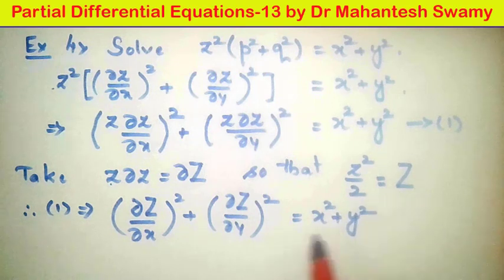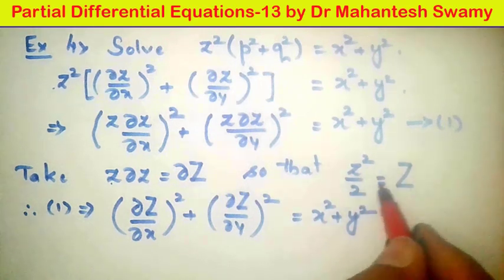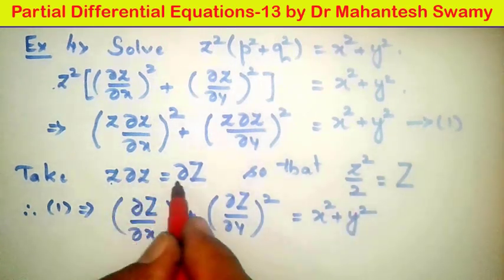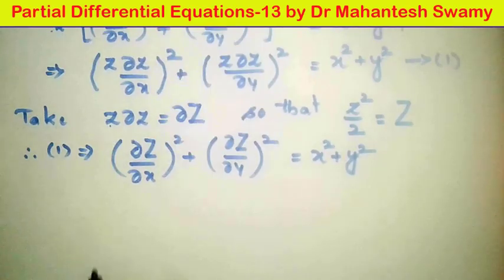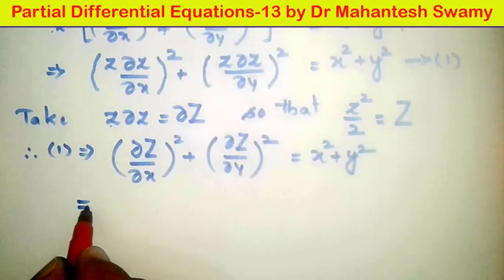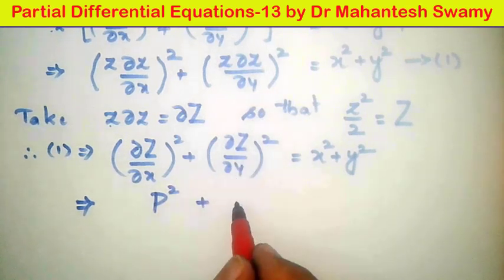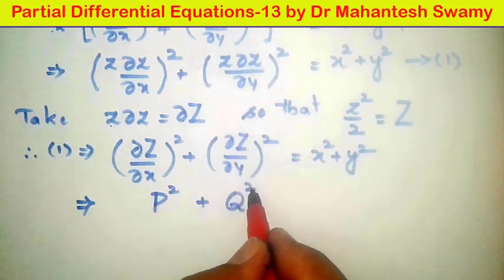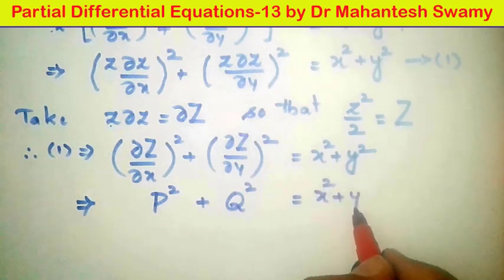We have to note here that we have not changed the independent variables, we have changed the dependent variable with this substitution, because of this assumption. Now let us call this capital P for our convenience, capital P square plus this capital Q square, equal to x square plus y square.